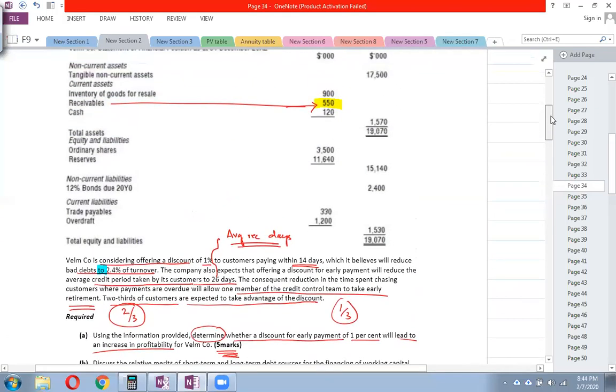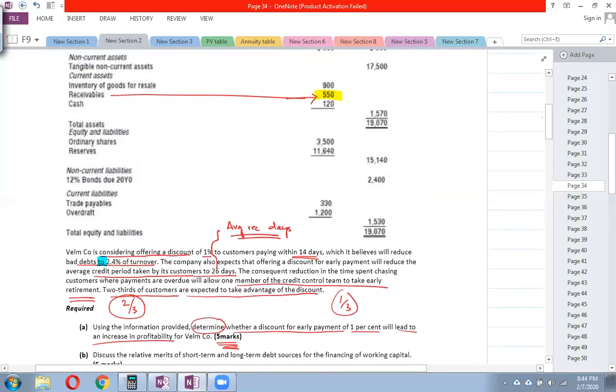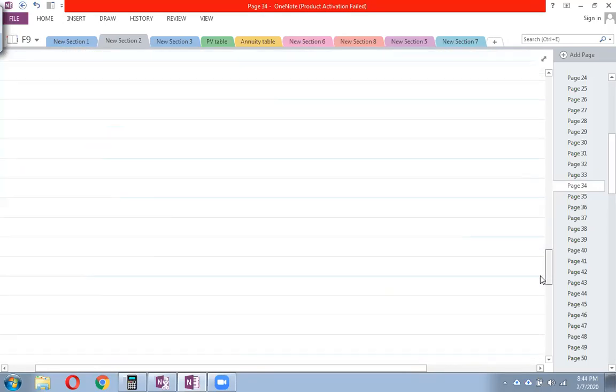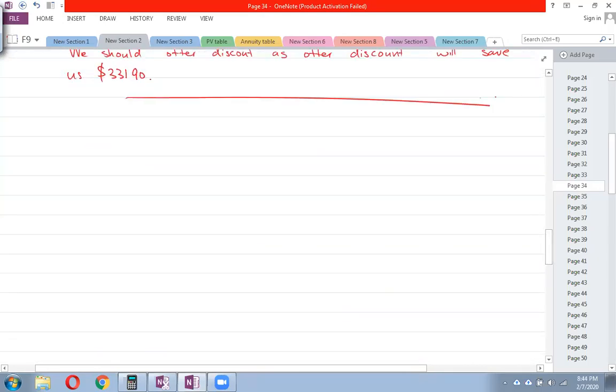So first of all, we are given the average receivable days. What if the average receivable days are not given in this question? I'm just making some notes. This is not part of the question, remember. We are solving this question in different ways.